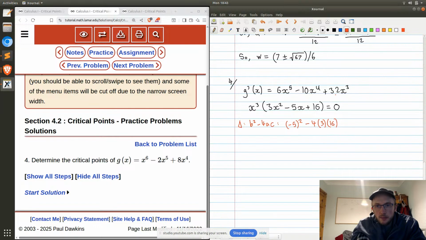No, that seems to be fine. Okay. So we get 25 there, and then minus 12 times 16. And 12 times 16 is 192, so 25 minus 192. Which is minus 167.